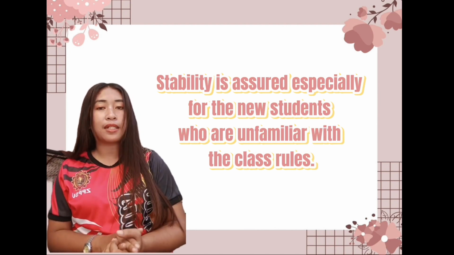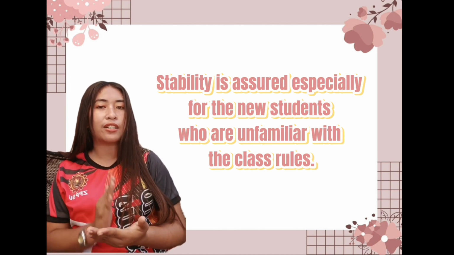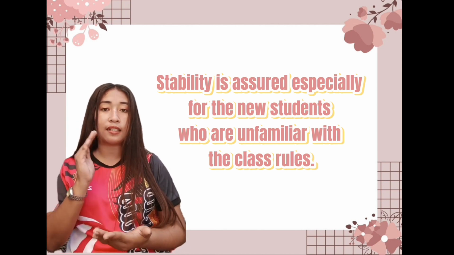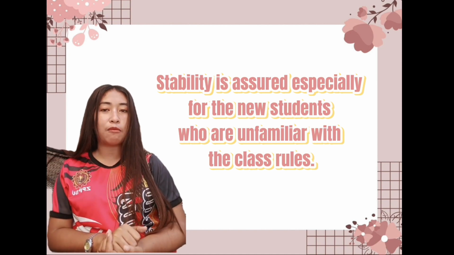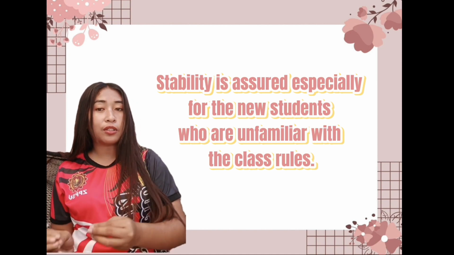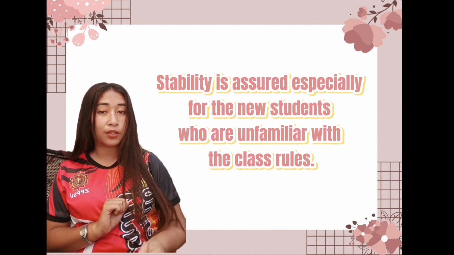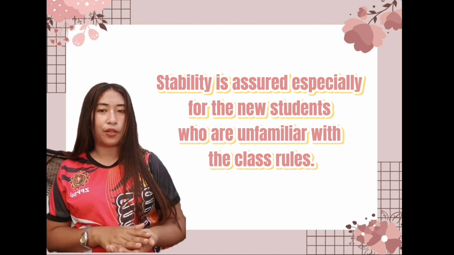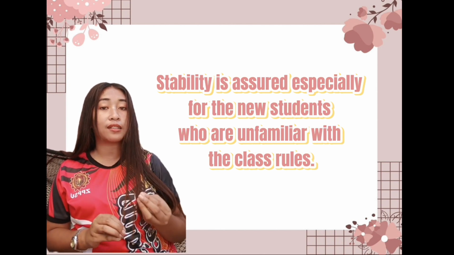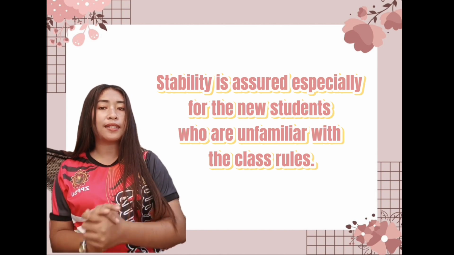This means that when class rules are clearly defined and consistently enforced, it creates a stable learning environment. New students who may not be familiar with these rules will feel more secure and comfortable knowing what is expected of them. So this stability can help them adjust quicker and focus on their learning.